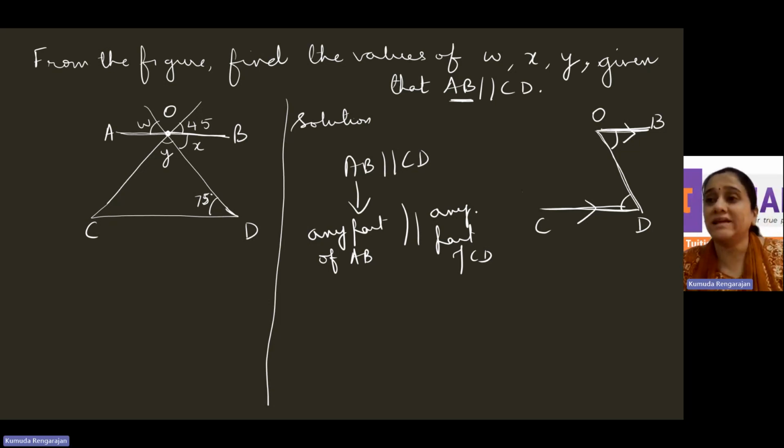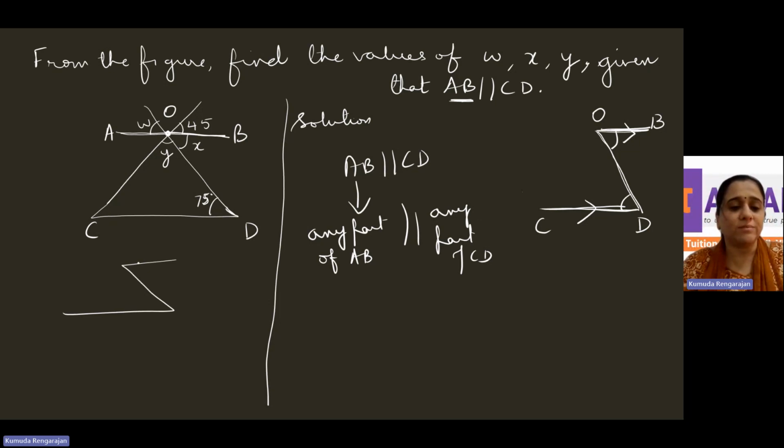Simply seeing a Z does not mean this angle is equal to this angle. Only if this line is parallel to this line will the angles be equal, because alternate interior angles are equal when the lines are parallel. So from this, we have X is equal to 75 degrees.